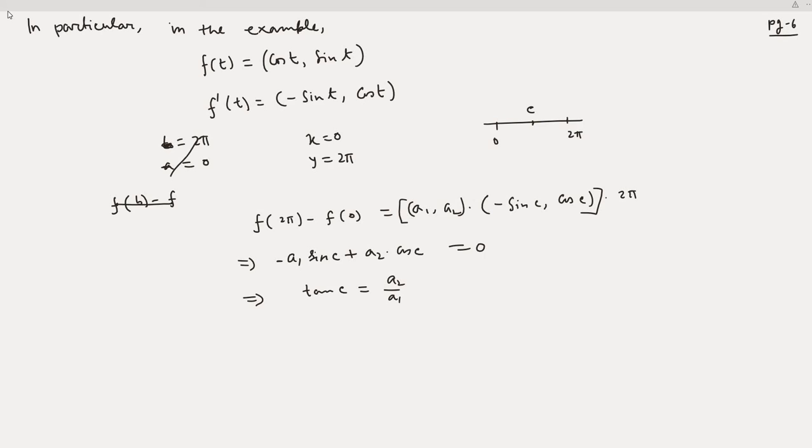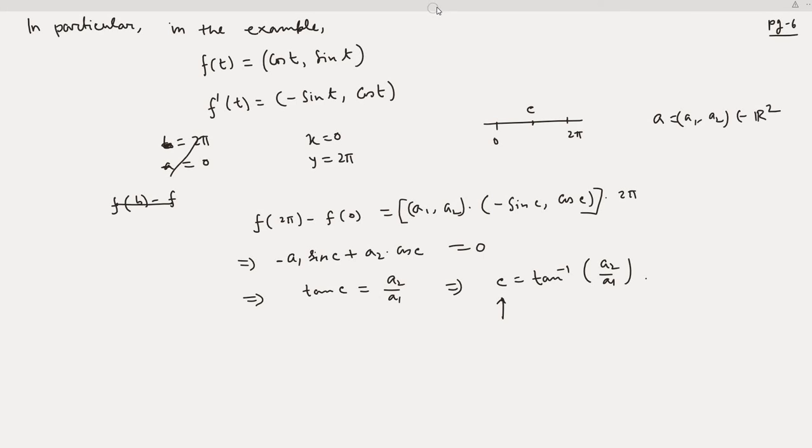If a1 is equal to 0, then tan c tends to infinity. So c equals tan inverse of a2 by a1. One can see that the interior point c depends on a equal to (a1, a2) in R2.